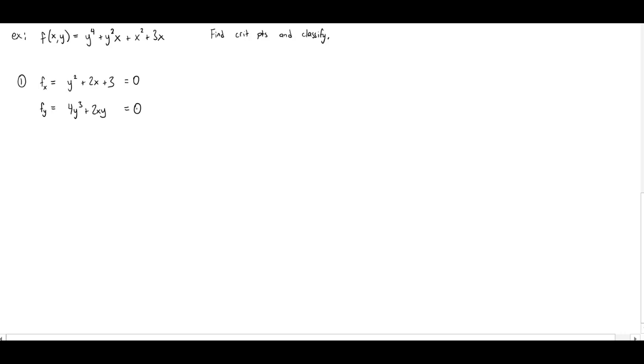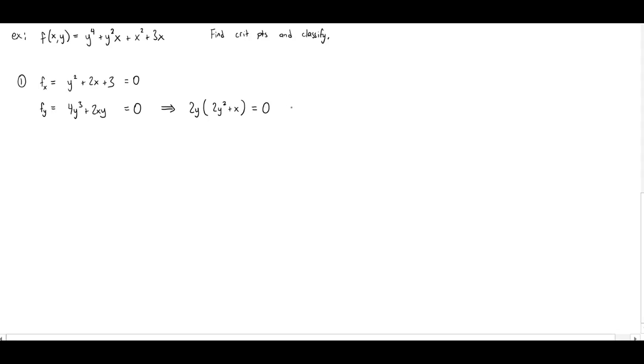So in this example, looking at the second equation, I see that I can factor 2y from both terms. It's 2y times, so we're going to have 2y squared plus x remaining. So we had that equals 0.